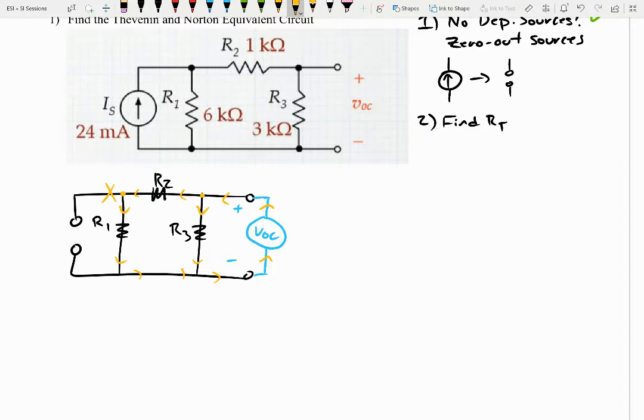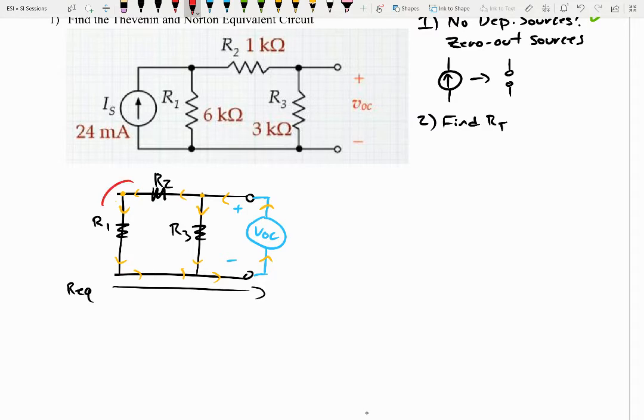So our circuit, well, let's simplify it down. Since this clipped out wire is not doing anything for us, we can just effectively ignore it. And now what we'll do is we'll work this way to find our equivalents.